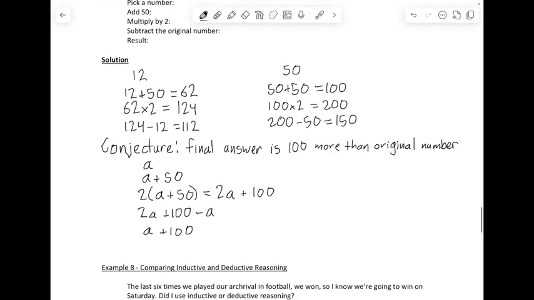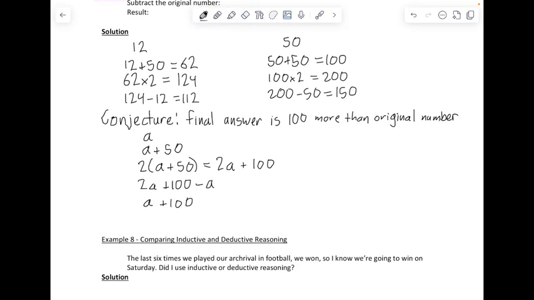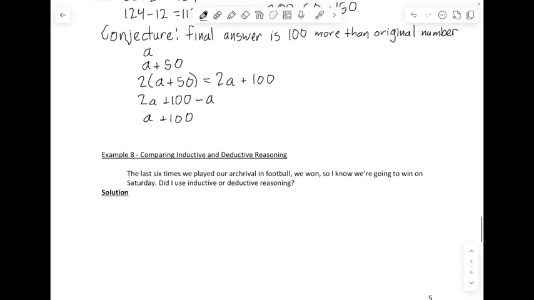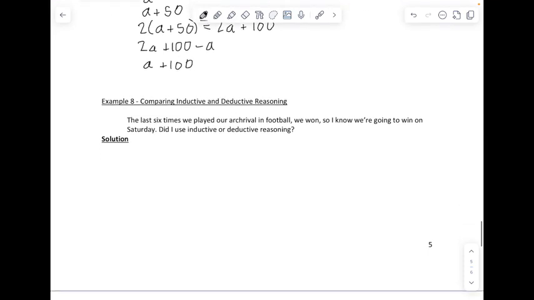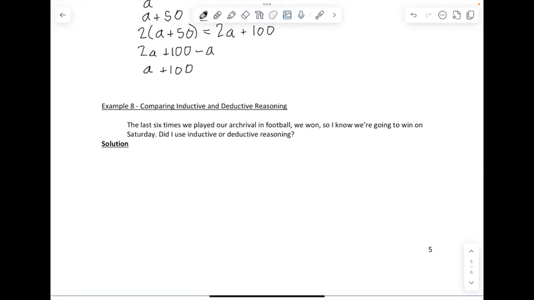Okay, let's wrap this up with a couple more examples, comparing inductive and deductive reasoning. Let's consider this scenario. The last 6 times we played our arch rival in football, we won, so I know we're going to win on Saturday. Is this an example of inductive or deductive reasoning? Well, this conclusion is based on 6 specific occurrences.